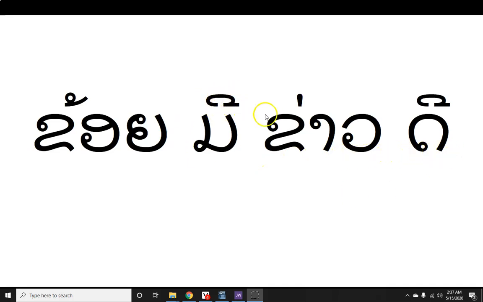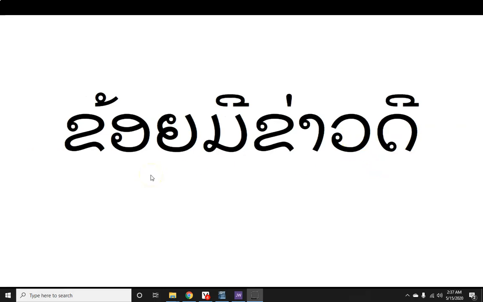Okay, this is long and this is long. And again, this is the exact same vowel sound. Me and D. Okay? Koi, me, cow, D. This is how it's going to appear.